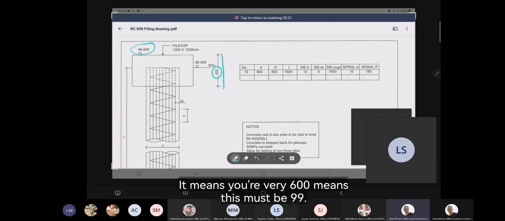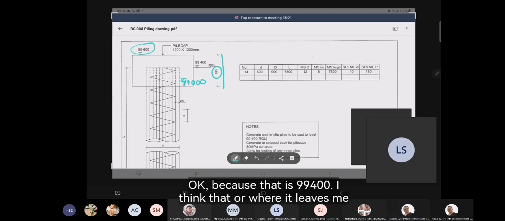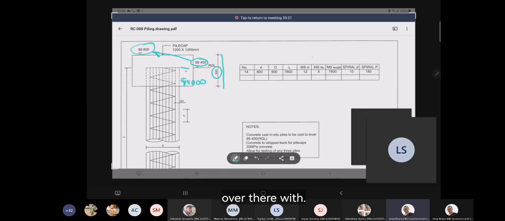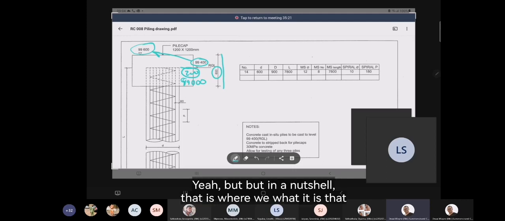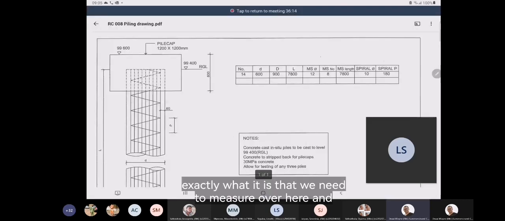It means if that is 600, this must be 99,000. Because that is 99,400, I take that off that, it leaves me over there with 200. With me, Mr. Sekwakwa? Right. I'm sorry, I did not show that in the drawing there. But in a nutshell, that is what we are doing. What we are looking at here is trying to understand exactly what we need to measure, and understanding the drawing.